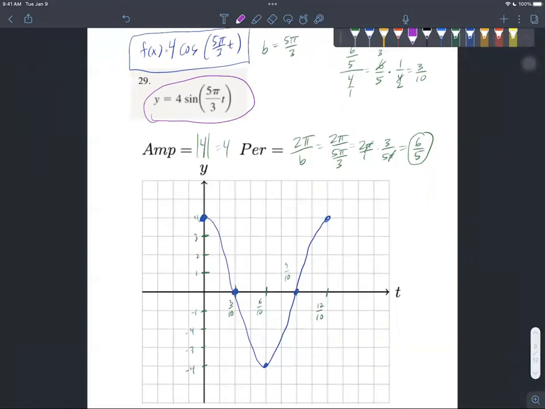The period is still 6/5. So let's graph sine properly. Sine, remember, starts at 0. It reaches its maximum at that first special value on the horizontal axis. It then gets to 0 again, then reaches a minimum, and then goes back to 0 again.